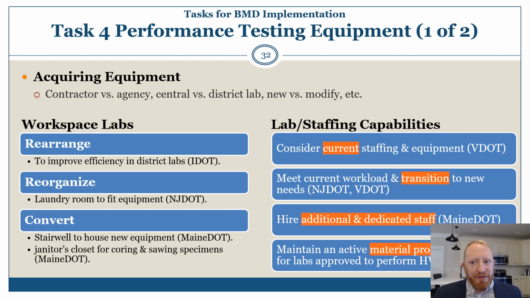And that's going to be different for the contractor and the agencies, maybe different for central labs versus district labs. Do I modify existing load frames? Do I get something new? The challenges were different for all those that we talked to, but acquiring equipment was not something that was easy. Workspace in labs: there aren't too many labs that we go to that have ample extra space.